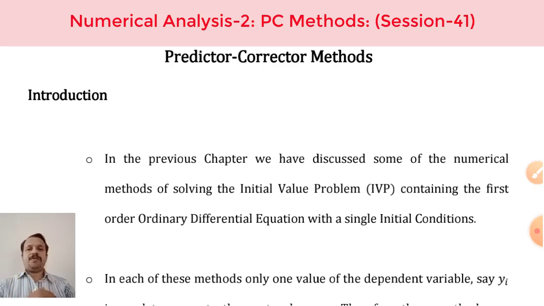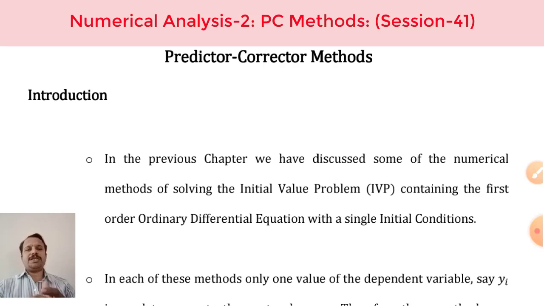And even if you go to the Taylor series method, we had a formula very similar to the Taylor series. The Taylor series expansion of the function at the point x naught stands for y naught itself.